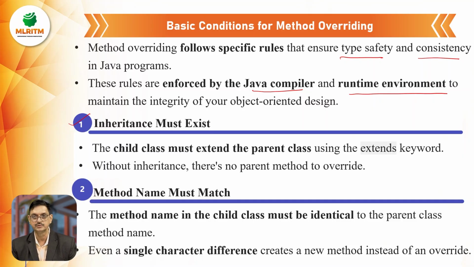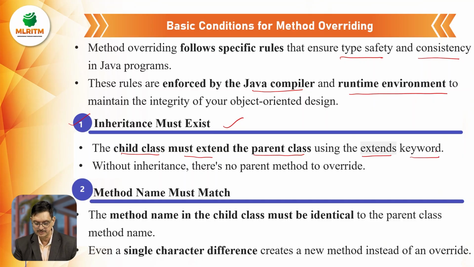So if you want to implement method overriding, inheritance must exist. That means the child class must extend the parent class, making some modifications in the parent class version, using the extends keyword.